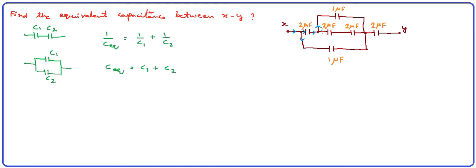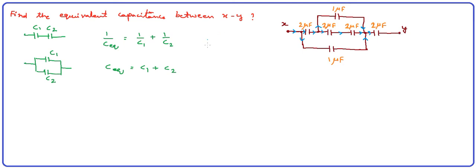The current flowing through this capacitance also, all three currents are added here and flow through this 2 microfarad capacitor and reach Y.